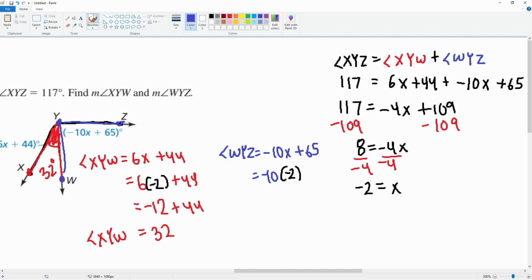Negative 10 times negative 2 is 20, and then we add that to 65. This looks like it's 85. That's what angle WYZ is. We might be wrong, but we can always double check. Add 85 plus 32. That gets 117, which is the entire angle. That's how we know we did it correctly.